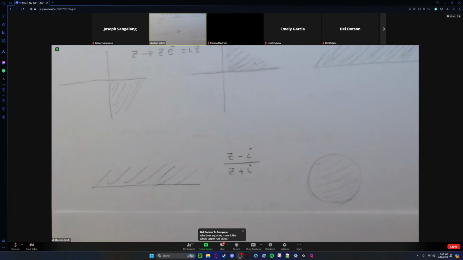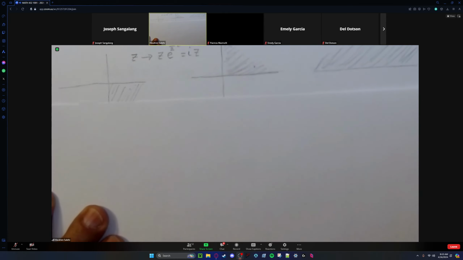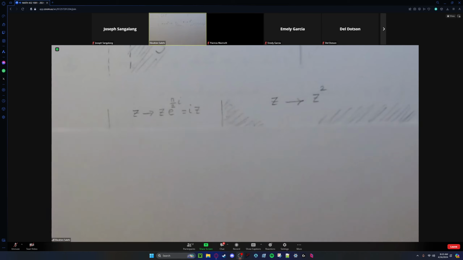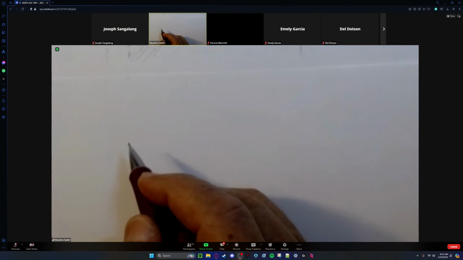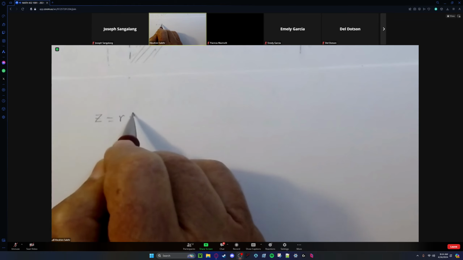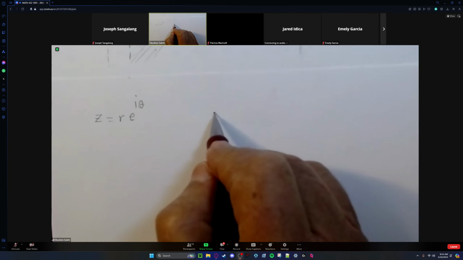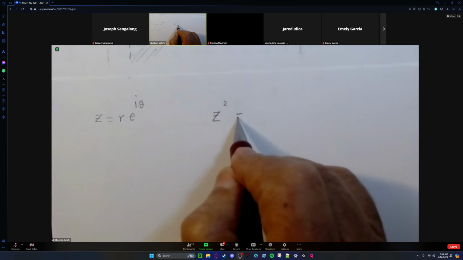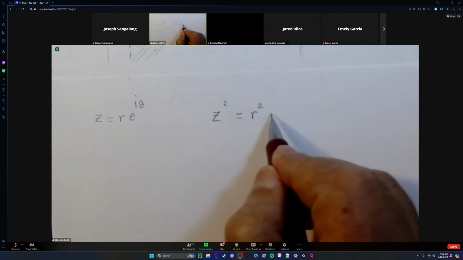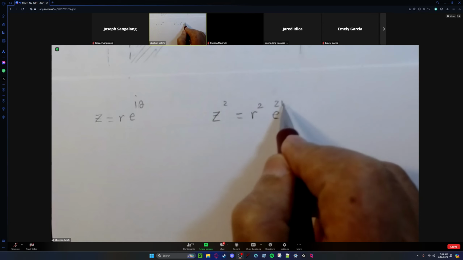Why does squaring do that? Okay, let me explain why squaring does that. When z is r e to the i theta, and you square it, you get z squared, r squared, fine, but e to the 2i theta.